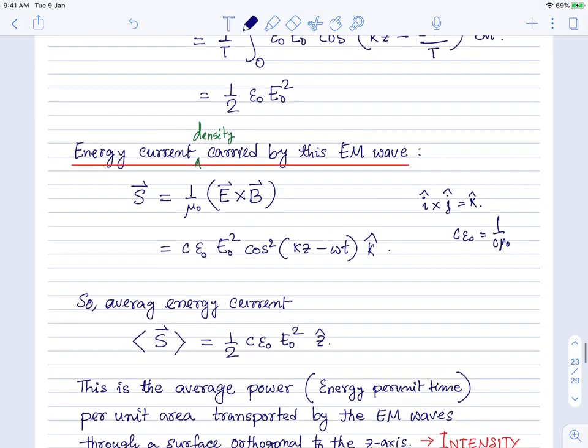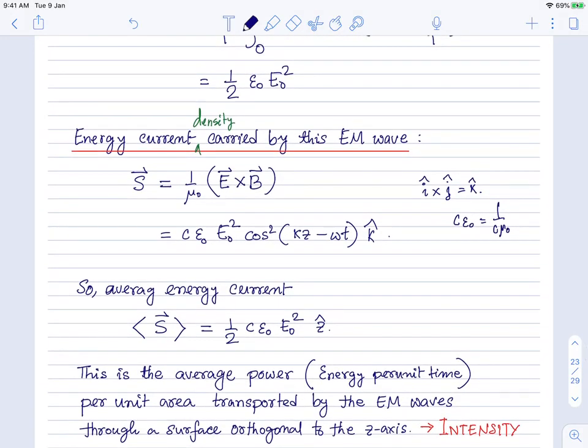Now if you take the time average again over one period, you only get a factor of half from the cos square integral. So this is half c epsilon naught E naught squared, and this energy current is pointing along the z direction, and the energy current density is basically this expression here.